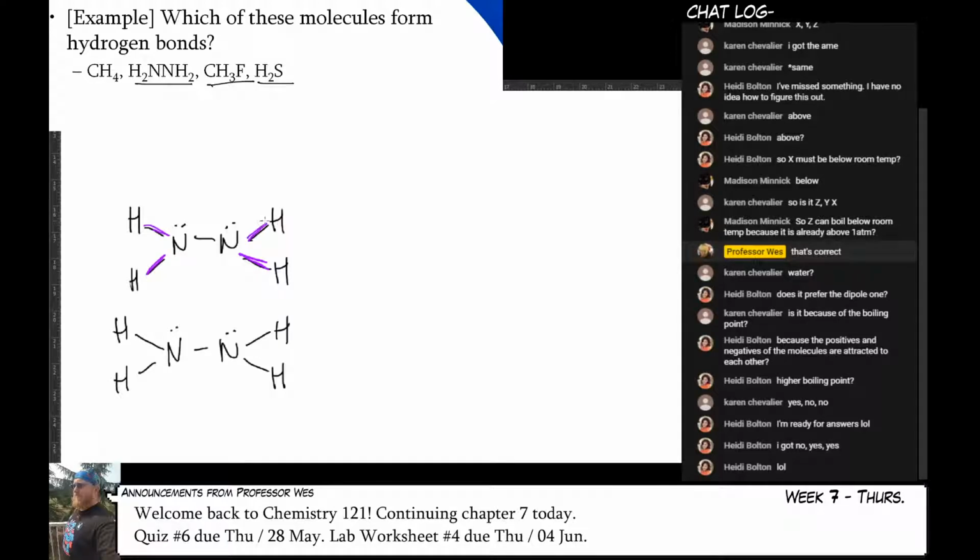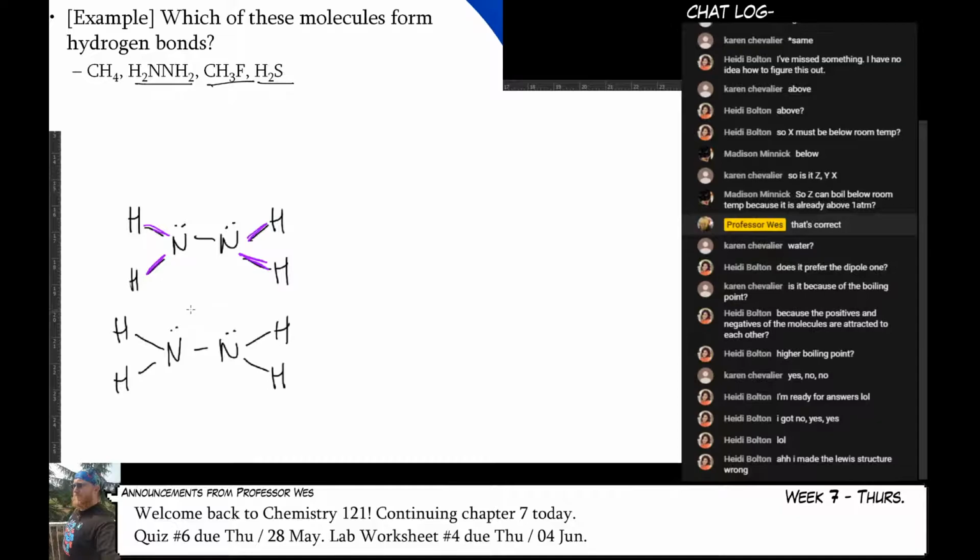Now the second is, can I point the H at the electron pair on another N, O, or F? And the answer is, well, I have an electron pair right here. So if I just point this guy over here, it'll work. Now, that does require me to redraw the molecule, but I could do something like this. That's not what I wanted to do.